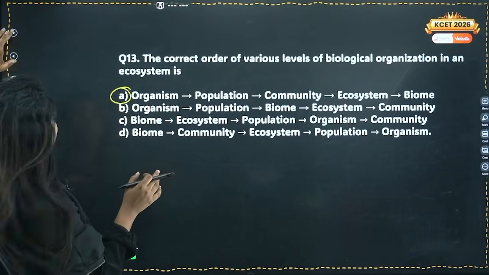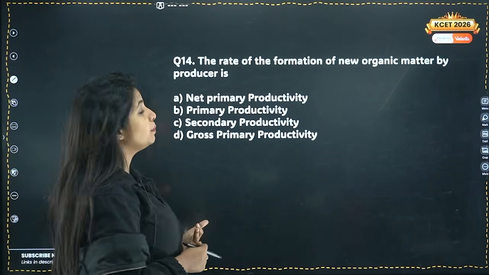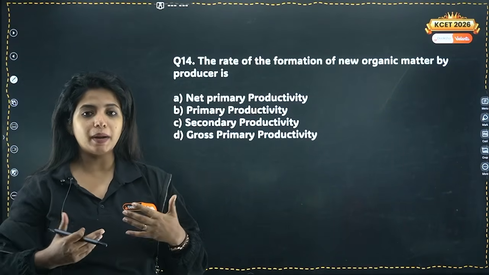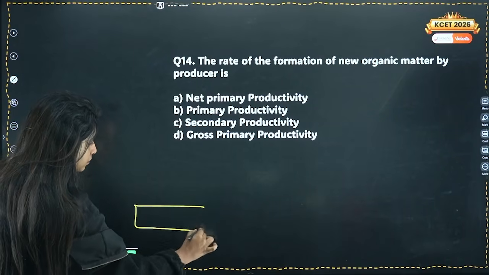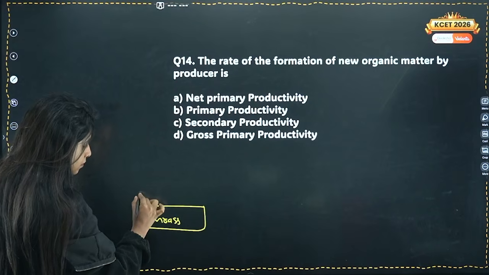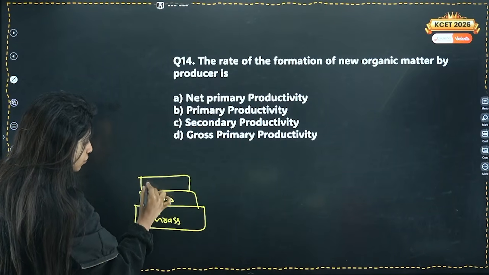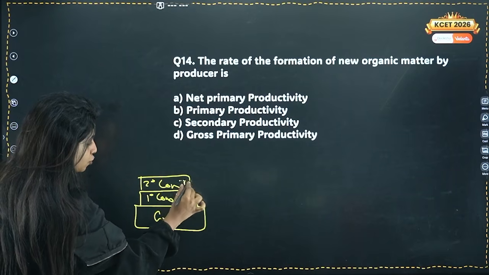Okay? Next. The rate of formation of new organic matter by the producer is what? Listen, we have the producer, we have the primary consumer, we have the secondary consumer. Suppose this is grass, this has to be rabbit, this has to be tiger.